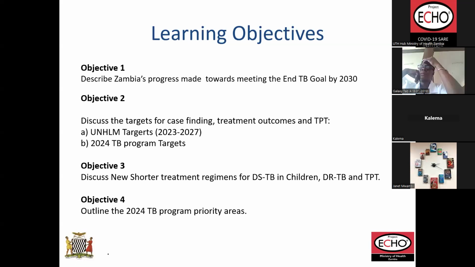I'll also preempt a discussion on the shorter treatment regimens, including for children and DRTB, and also TPT. Then finally, I'll give the key highlights when it comes to focus areas for the program as of the year 2024.